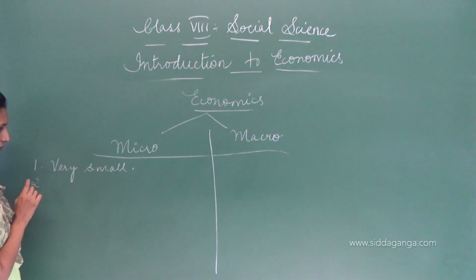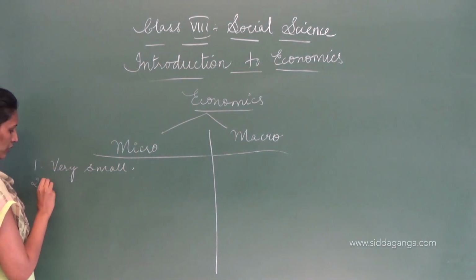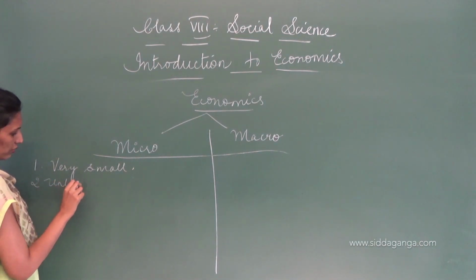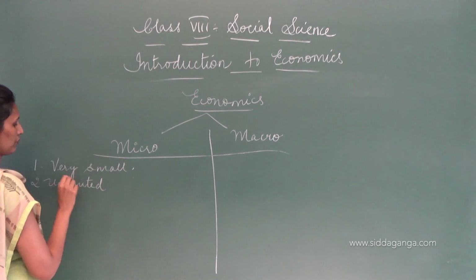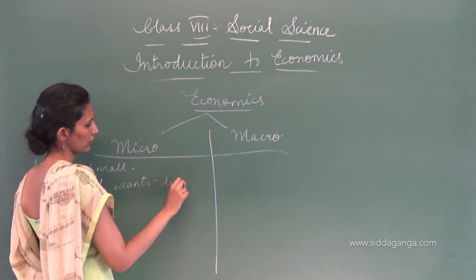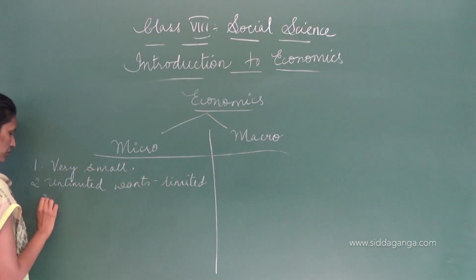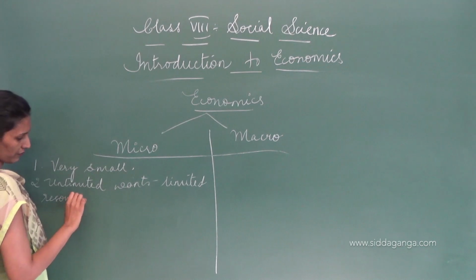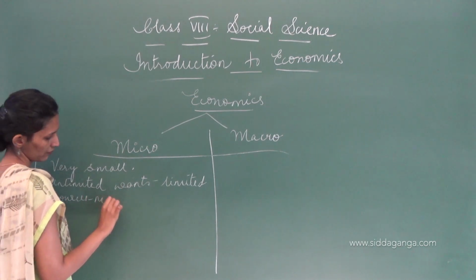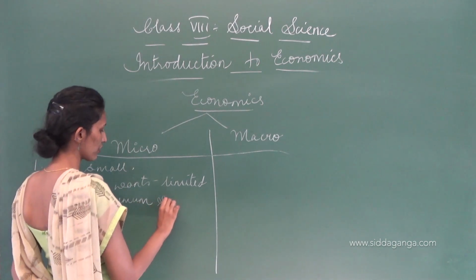Second one is unlimited wants, limited resources. I am writing only side points. Limited resources, maximum satisfaction. With this you must be able to make your sentences, students.